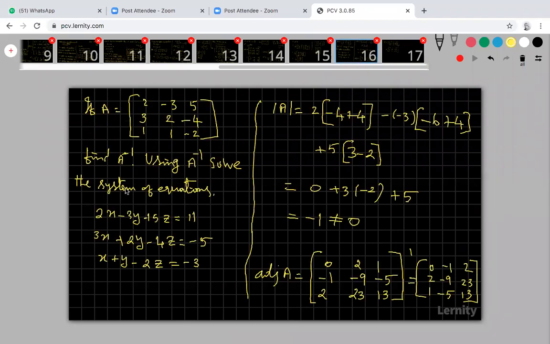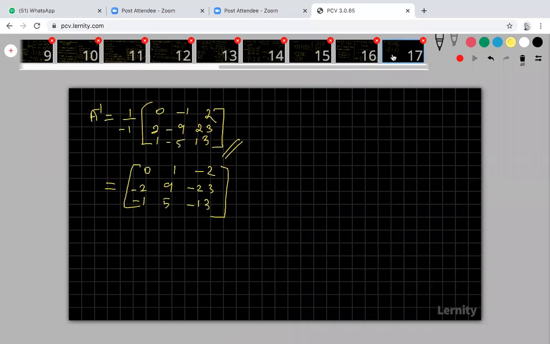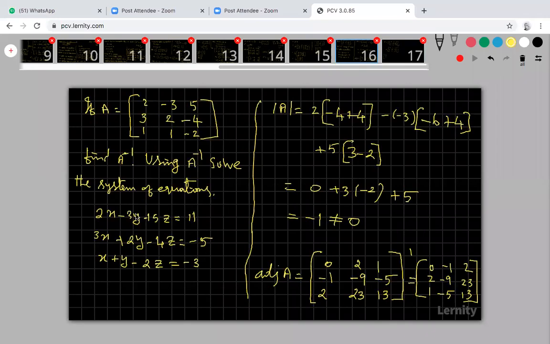Right, now come to the equation. The system of equations is given. First of all, write the coefficient matrix. You will get the coefficient matrix. Look at the coefficients of x. Coefficients of x is 2, 3, 1. Here coefficients of y is minus 3, 2, 1.